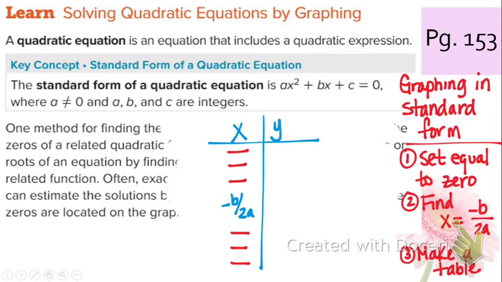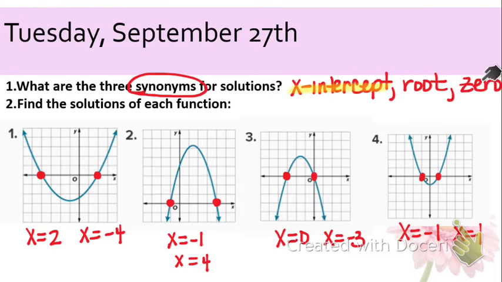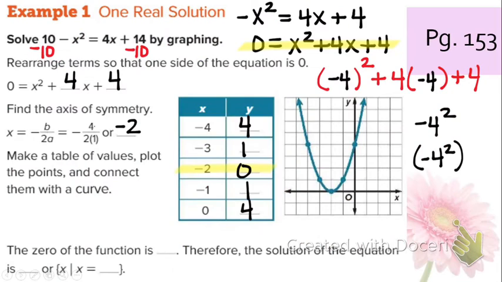Remember, we talked about at the beginning, another word for solution is zero. Zero is the same thing as x-intercept. They have the same meaning. So the zero of this solution is right here, so that would be -2. Therefore, the solution is -2.